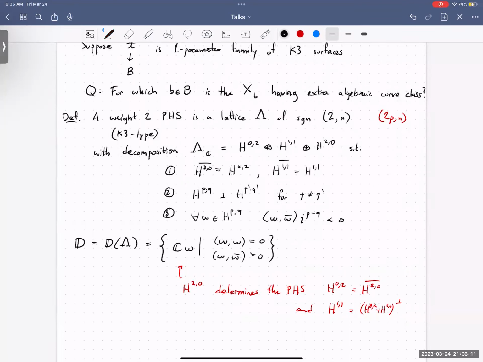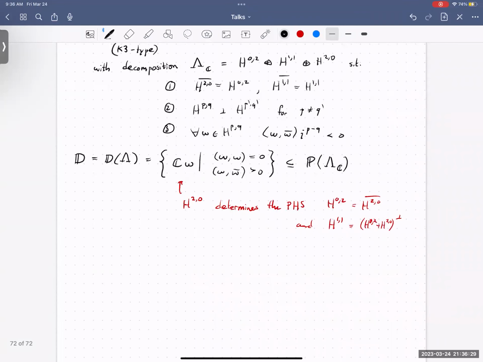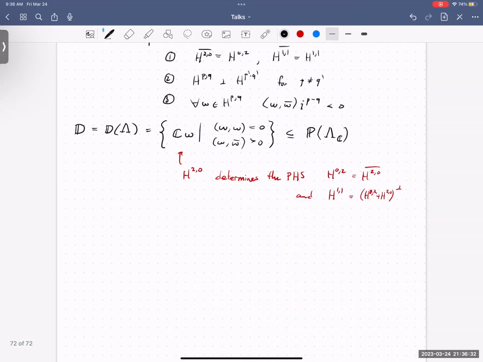If I look at this domain D, I can think of it as a subset of the projectivization of the complexification of Lambda. So this is just some space of lines in this complex vector space. Now to do Noether-Lefschetz theory, I'm going to look at some codimension 1 subdomains of D that are determined by integral lattice vectors.